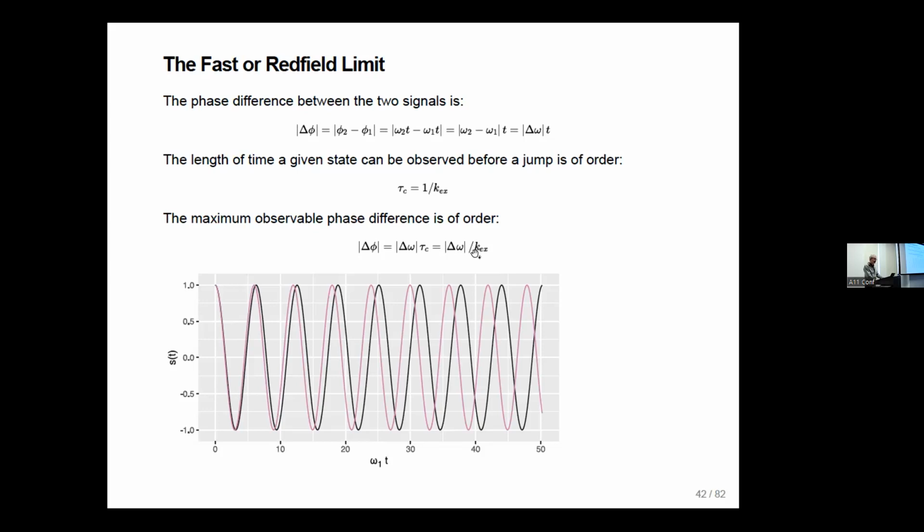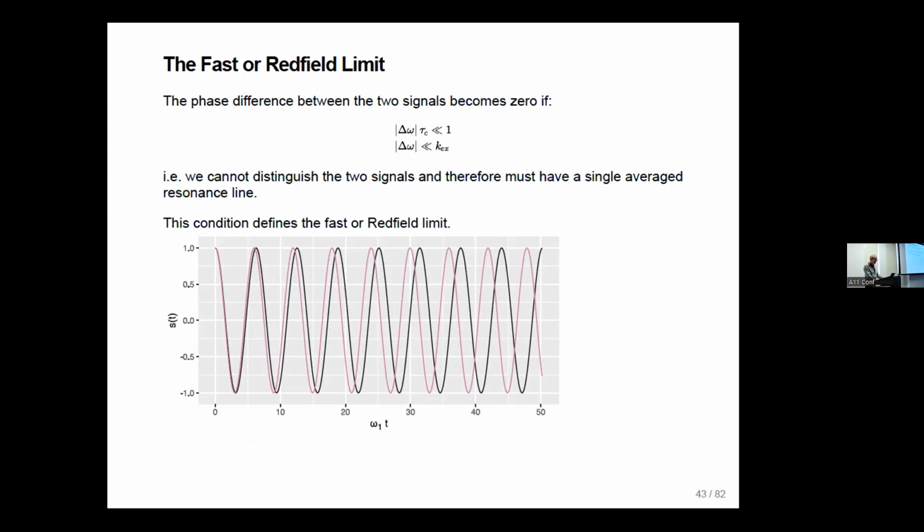If delta omega is large, we'll see a phase difference. We can tell the signals apart. If delta omega is small compared to KEX, we can't tell the signals apart and we see a single line. So then this says the lines merge if the jump rate is larger than delta omega. And that's called the fast limit or the Redfield limit.